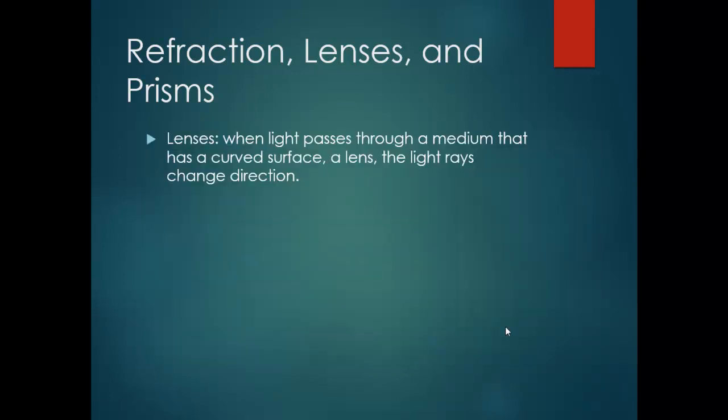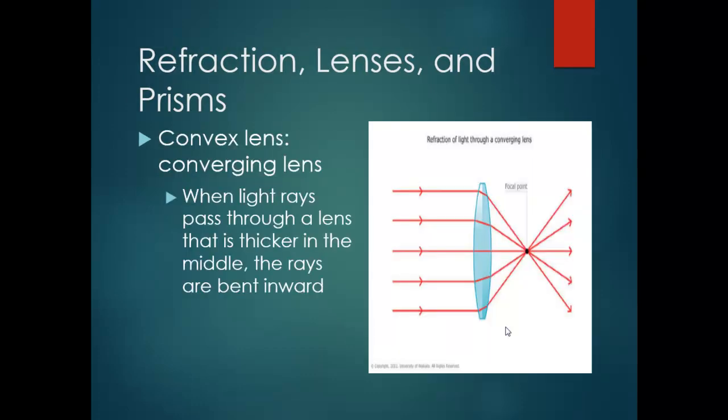Lenses: when light passes through a medium that has a curved surface, the light ray changes direction. We have two types of lenses, convex lens and concave lens. A convex lens is a converging lens. When light rays pass through a lens that is thicker in the middle, the rays are bent inward, as you see.